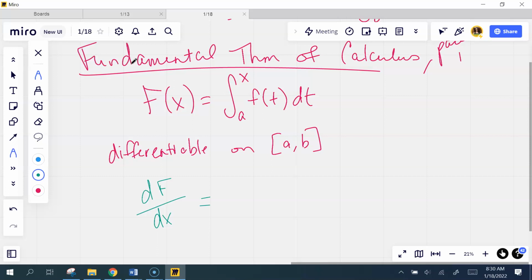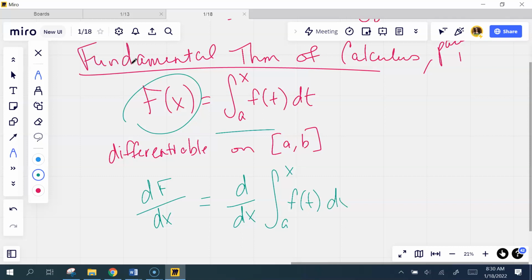So for anywhere on there, this is true. All right, then that means the derivative, because the derivative of this would equal the derivative of that, right? This is one of those things I told you, it looks super complicated, but when you see how easy it is, you go, oh my gosh, there's got to be a catch, and there's no catch.